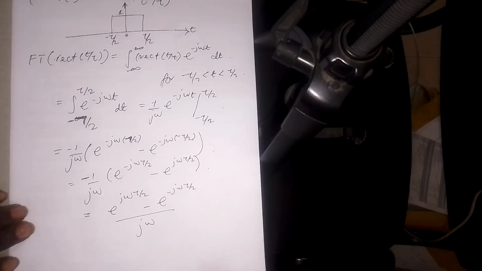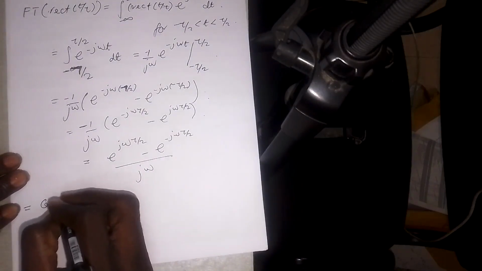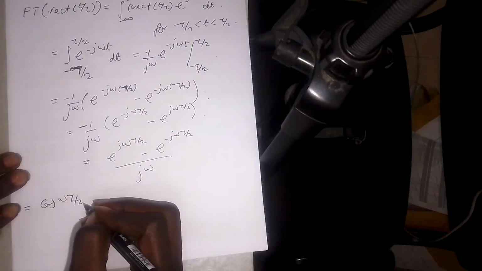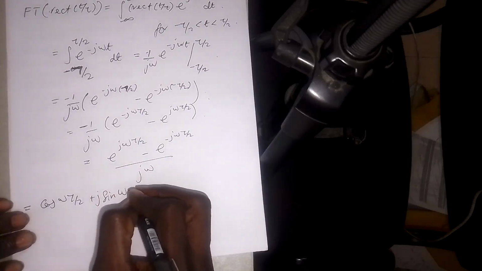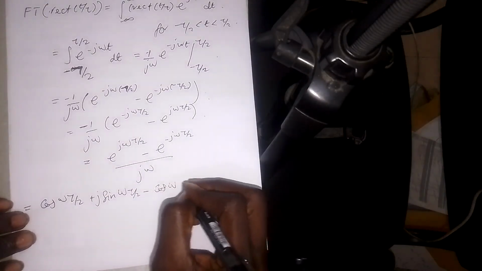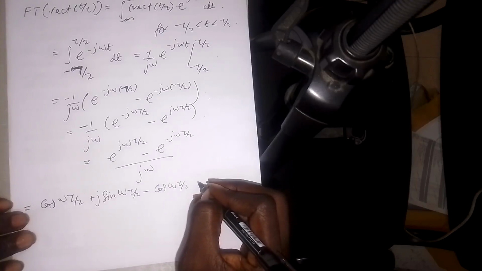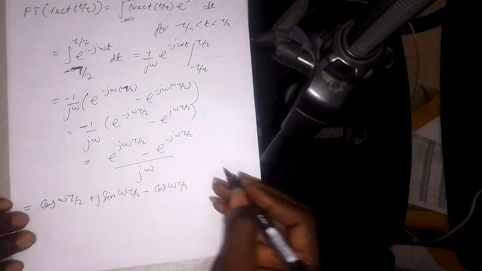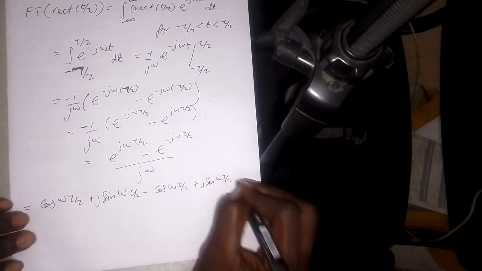So you're going to have cos omega tau on 2 plus j sine omega tau on 2, minus cos omega tau on 2, and then here it's going to be minus, so it will be plus j sine omega tau on 2.